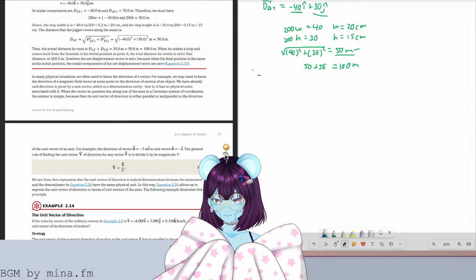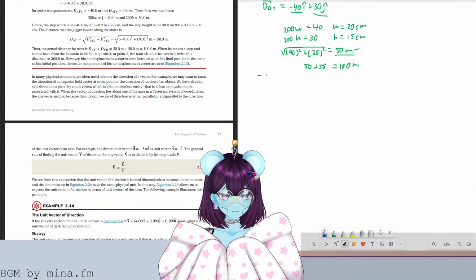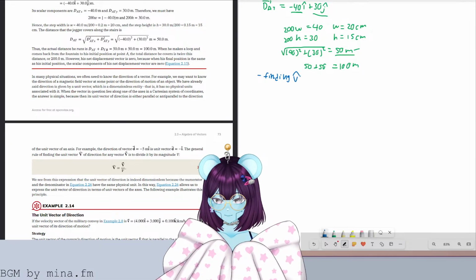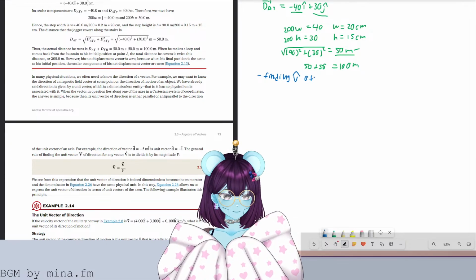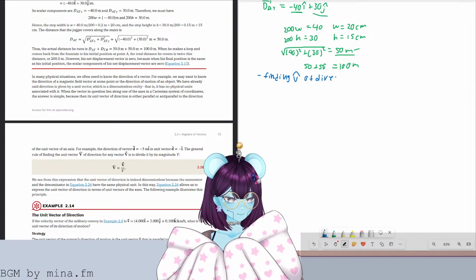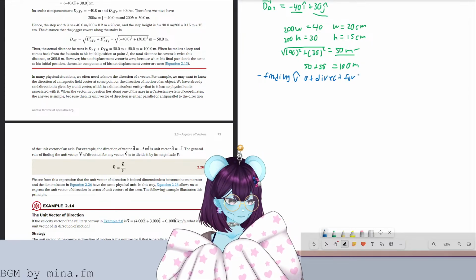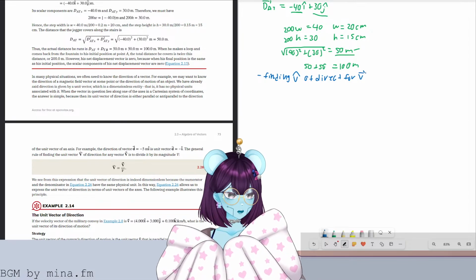For example... the general rule for finding a unit vector v of direction for the vector v is to just divide by its magnitude.